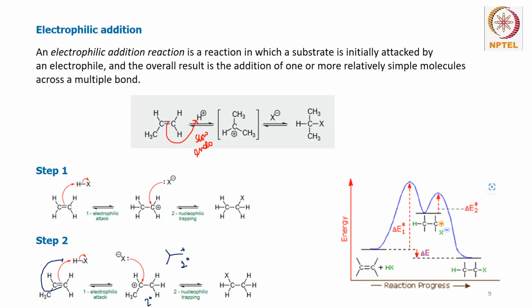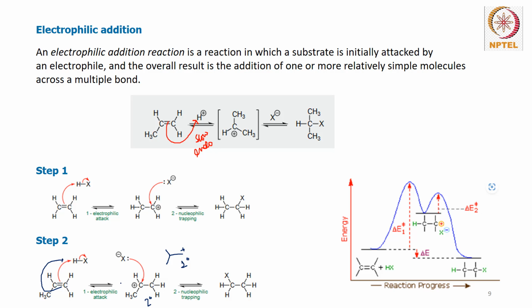That's why in this case, when the double bond traps an electrophile, it always goes through the carbon where it generates a greater degree of carbocation. Okay, so the Hammond postulate here also correlates with our reaction result.